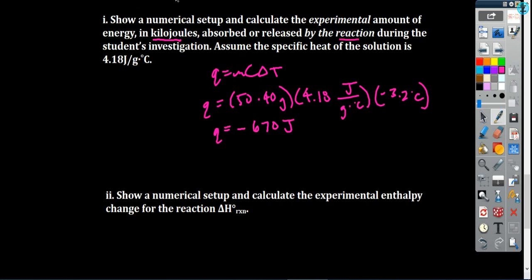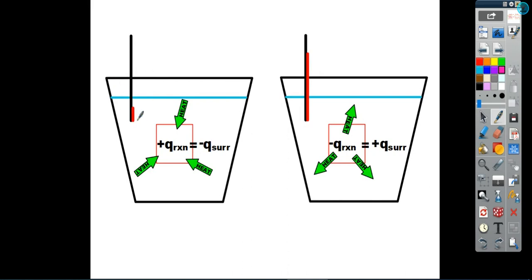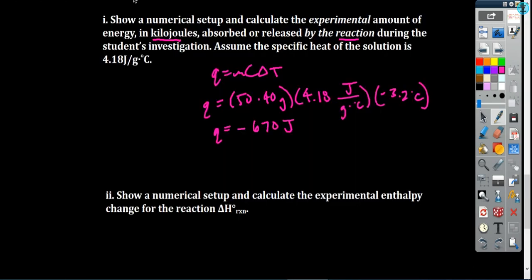And again, remember what we're measuring in this case is the heat that is essentially released by the surroundings. And so if we're going to calculate the amount of heat absorbed by the reaction in kilojoules, we need to keep in mind that whatever heat is absorbed by the reaction is equal to the heat lost by the surroundings.